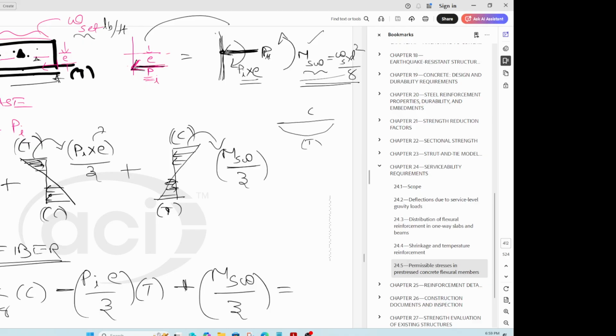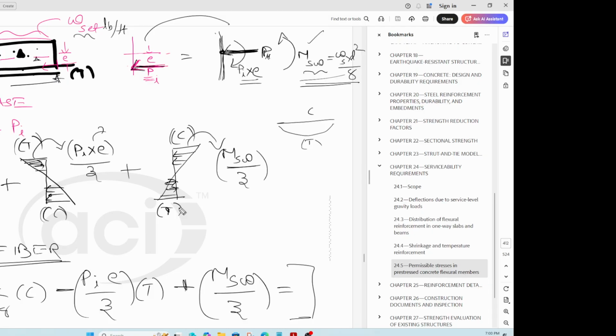Well, after you compute this stress, you need to compare it with a compression stress limit, right? And that limit depends upon whether you are in the initial stage, after you cast it and let it harden, or in a final stage wherein the concrete has hardened and gained its final f'c.